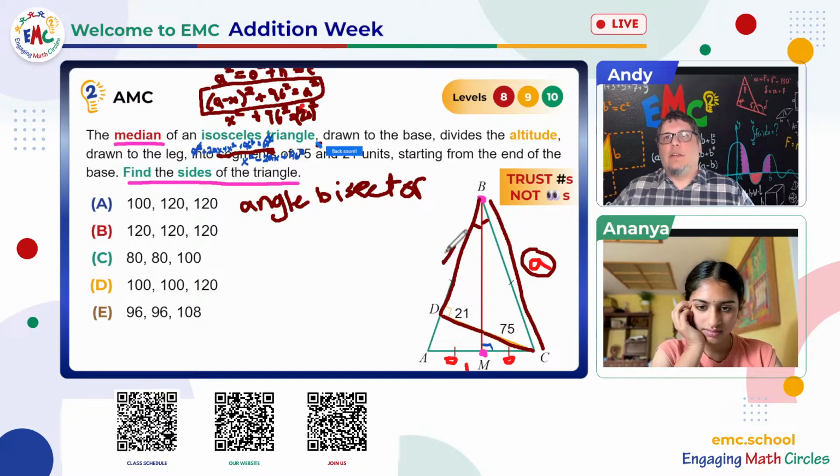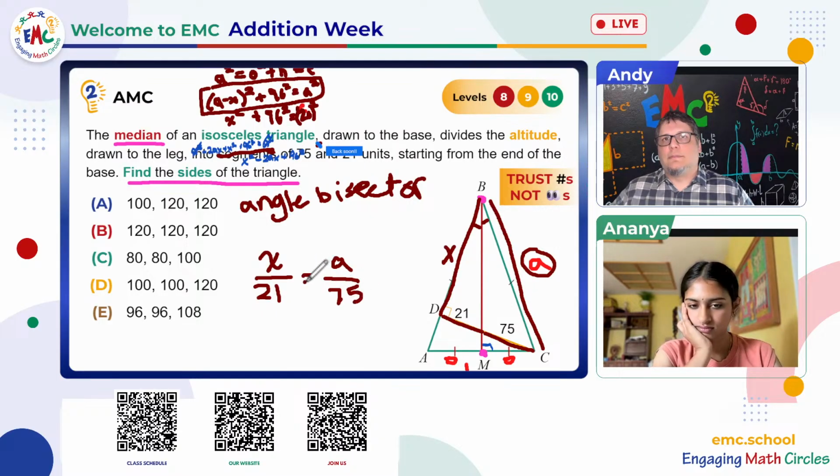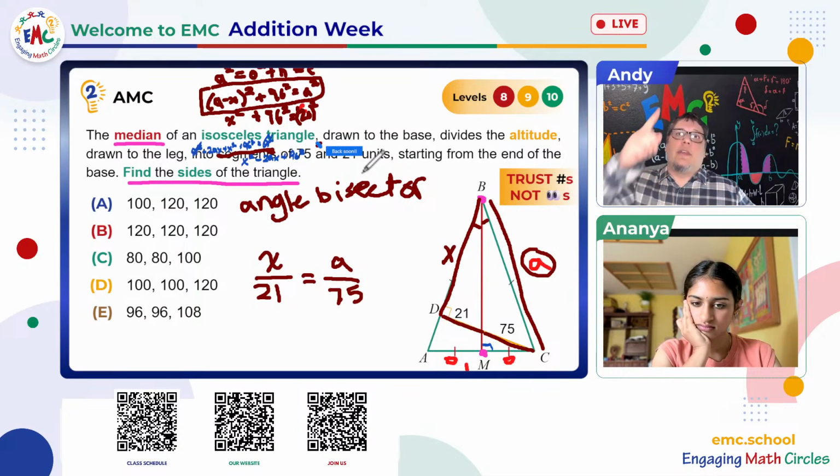So if we call this x, not the same as this x, x is to 21 as a, little a, is to 75. So now I can replace up here where we had 2ax, I have an equation that tells me a and x's relationship.